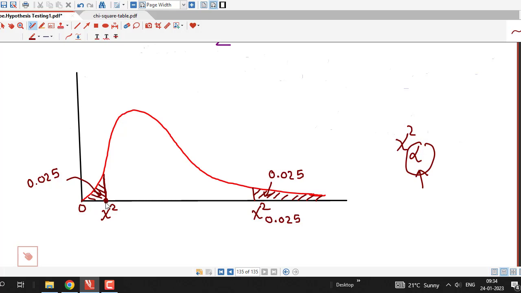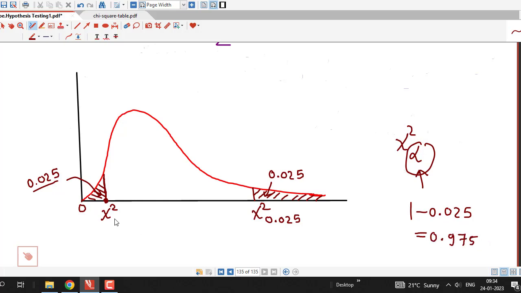Therefore the area to the right side of this point is obtained by subtracting 0.025 from 1, which is going to be 0.975.